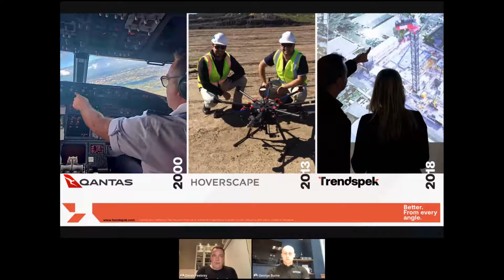Ultimately, those photos went into the same PDF reports that have been used for decades. So in 2018, we did a big global market search, specifically around asset management platforms. When it didn't exist, we decided to build it. That's how Trendspek was born.